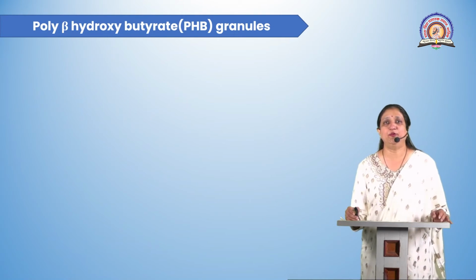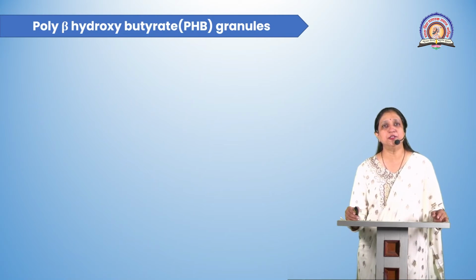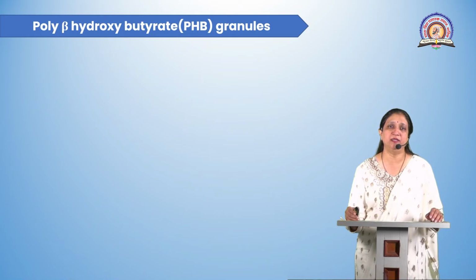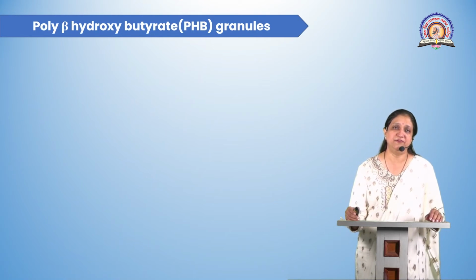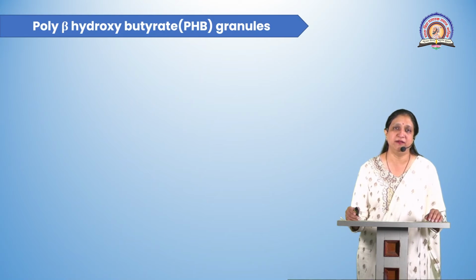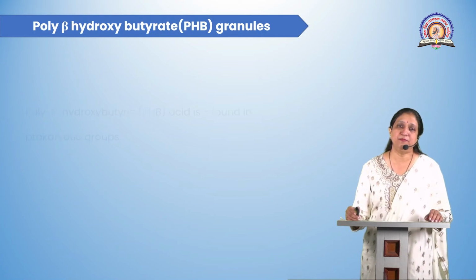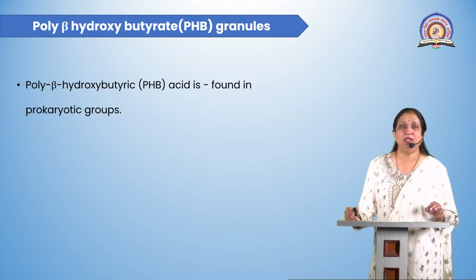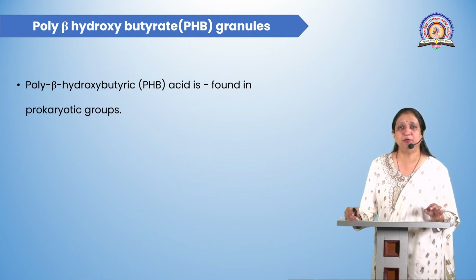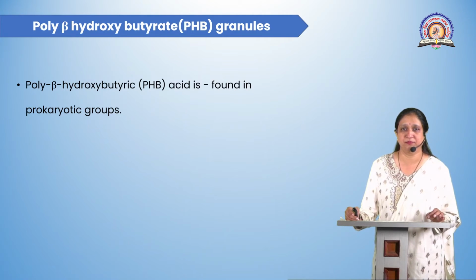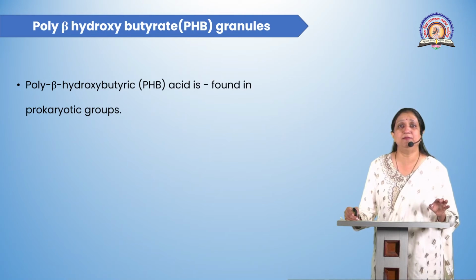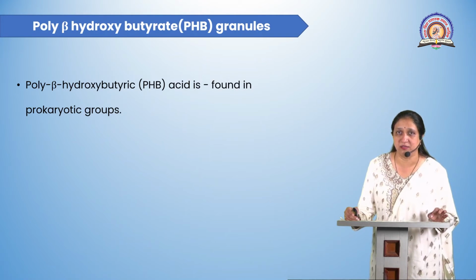The next type of granules that can be produced by the microorganisms or bacteria are the poly-beta hydroxybutyrate granules, which are also referred to as the PHB granules. These PHB granules, as the name tells you, are poly-beta hydroxybutyric acid granules. These granules are only found in the prokaryotic organisms.